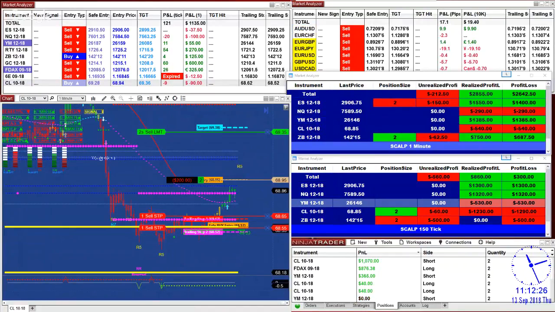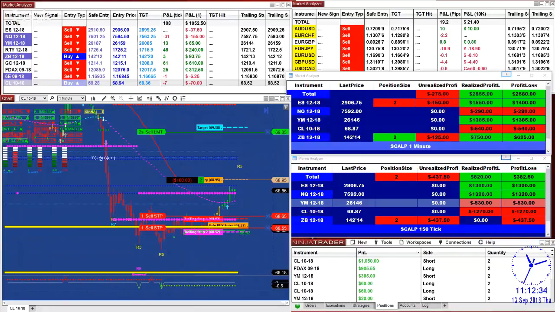We're about to have a new signal on the YM. And let me see the NASDAQ. We're about to have a new signal on the NASDAQ and YM. So keep your eye on the first column, please. You're going to have the new signal very soon on those two.